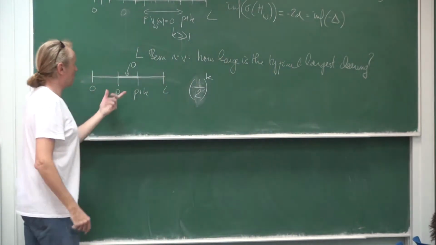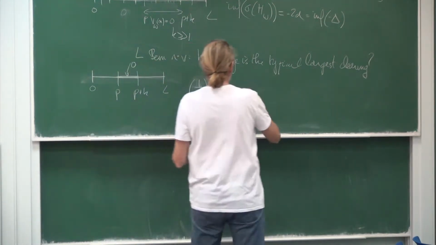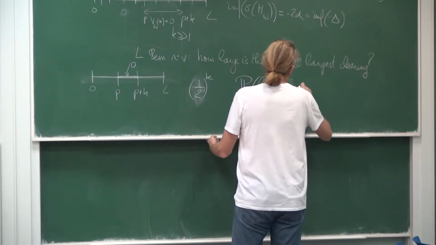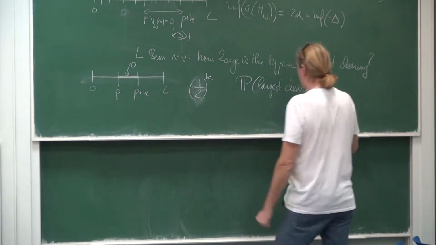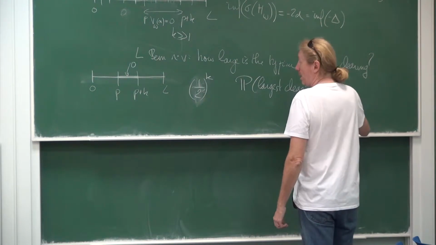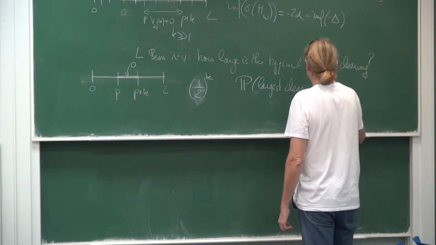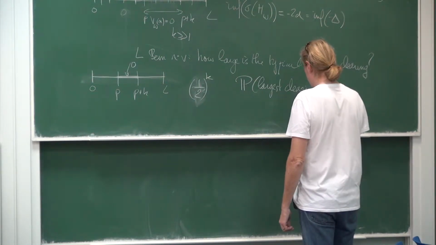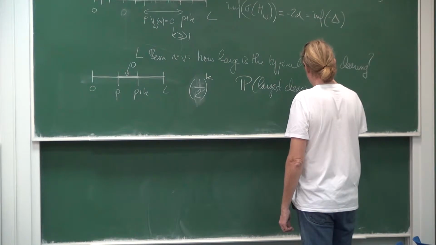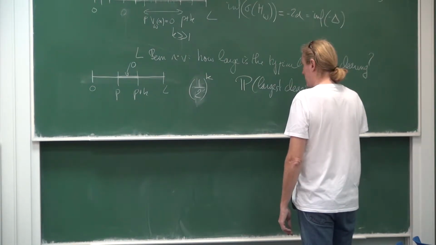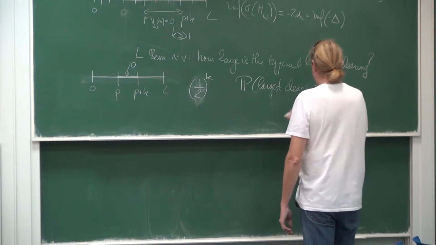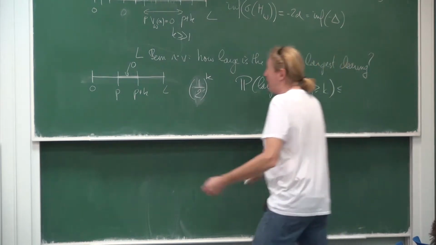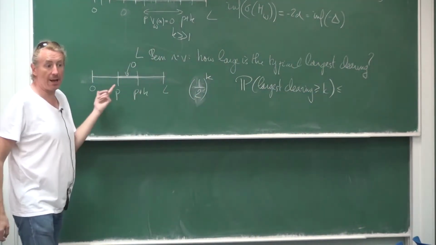How many sequences? The probability that the largest clearing is longer than K is then bounded from above. What are the possibilities of the clearings of length K?